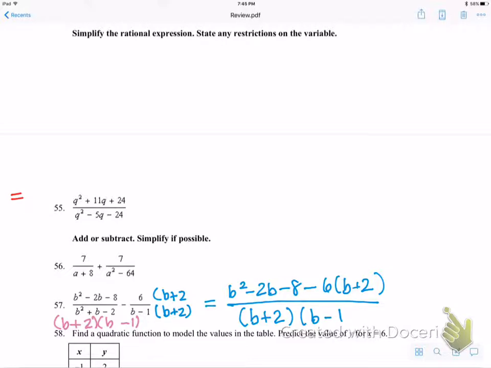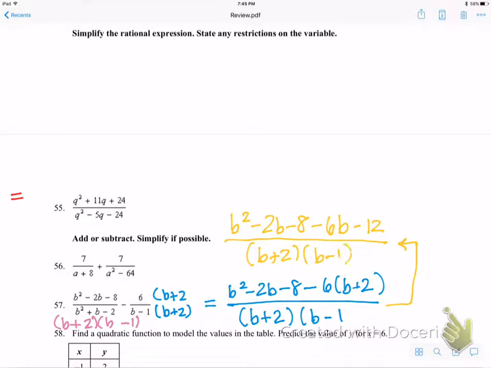Now in the numerator, I can simplify that a little bit, so I'm going to do that in yellow. That's going to be b squared minus 2b minus 8 minus 6b minus 12 divided by b + 2 and b - 1.